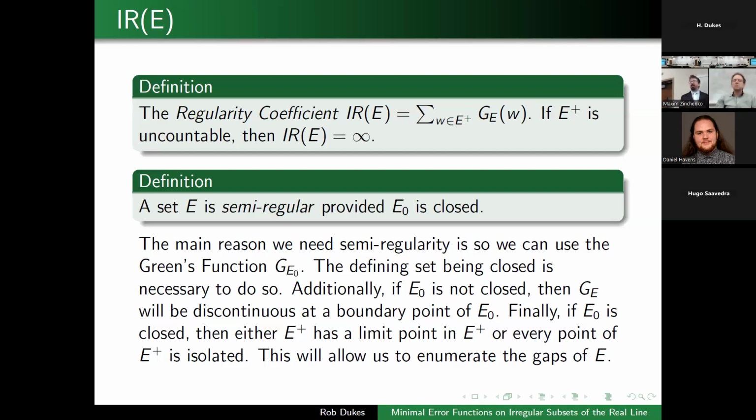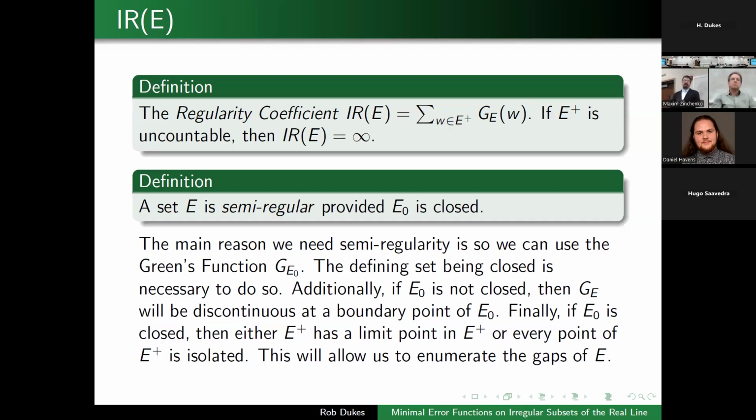And if we know it's closed, we can say that E plus has a limit point in E plus, or every point is isolated. And that allows us to enumerate the gaps, which is something we want to do. So this semi-regularity thing was a necessity that we invented, and it would be nice if we could somehow work around it.